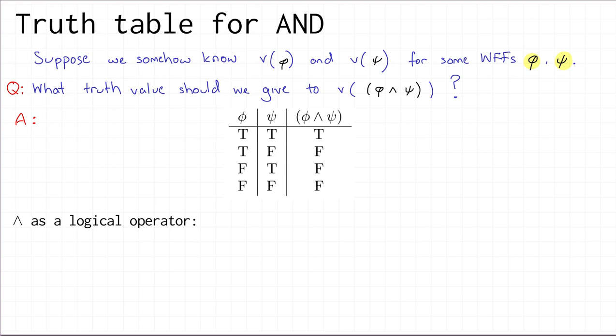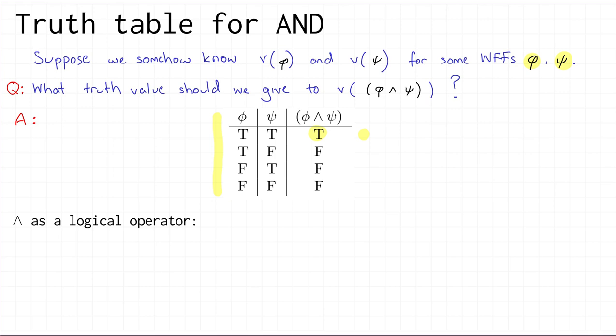So we can capture this definition in this thing here, which is the truth table for the connective and. And what the rows of the truth table are saying are as follows. The first row says that if phi and psi are true, then we will regard phi and psi as being true. So this value in the last column is true, and that's saying that when phi and psi are both true, then phi and psi will be defined to be true.